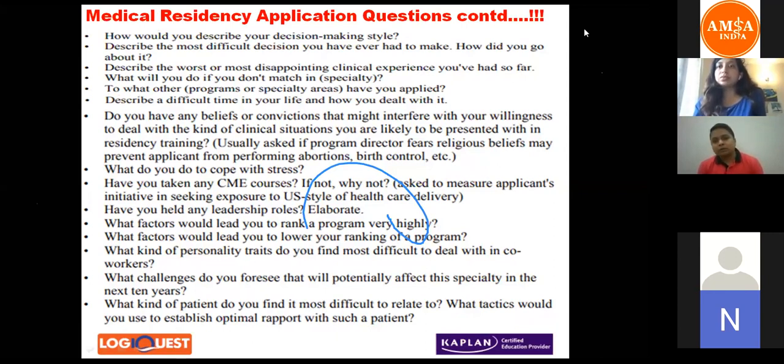To which other programs or specialties have you applied? Now, I leave this question's answer up to you, whether you want to be open about it or you want to hide things. That's completely up to you, because the program director sitting in front of you would have no idea where all you have applied. He would not have any idea about it.